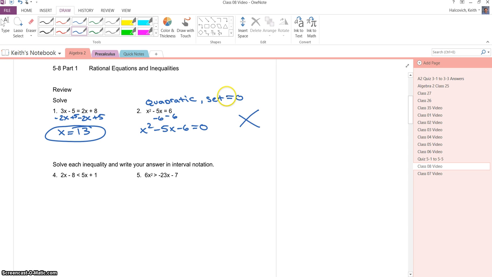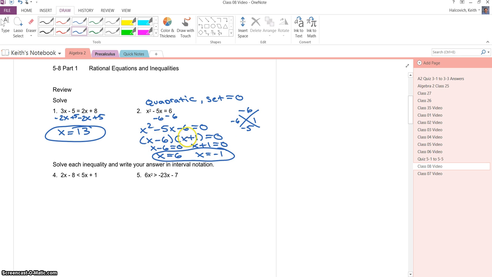The factors of -6 that add to -5 are -6 and +1. So you go x minus 6, x plus 1 equals 0. Then you set each one equal to 0, x minus 6, x plus 1. So you get x equals 6 and x equals -1. Those are your two answers.